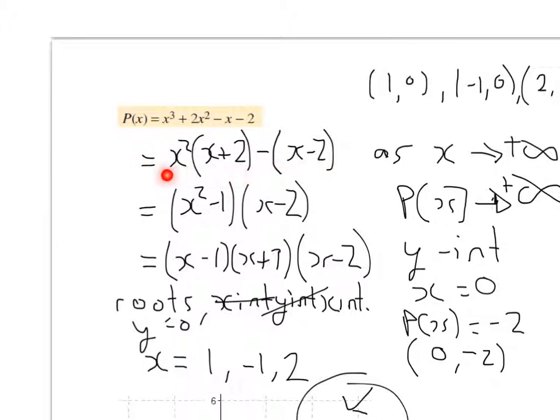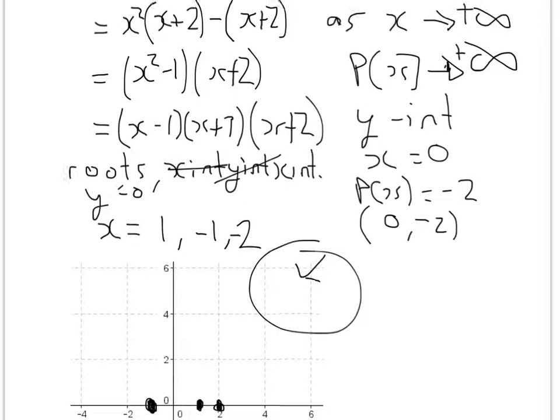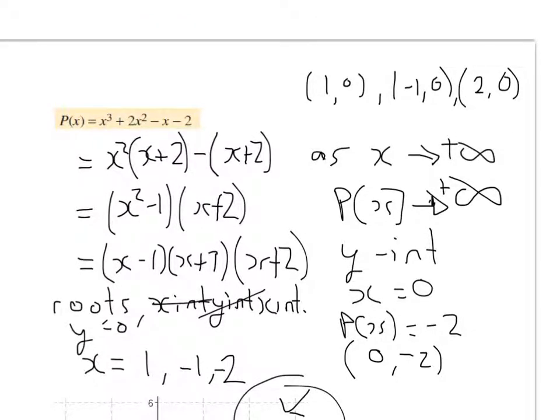The first line, I made a mistake. X plus 2 minus x minus 2. Now, I've factorised this part here by minus 1. So this should be a plus 2 there, which means that that is plus 2, that is plus 2, that is minus 2 as a result, which means that my point here should be minus 2.